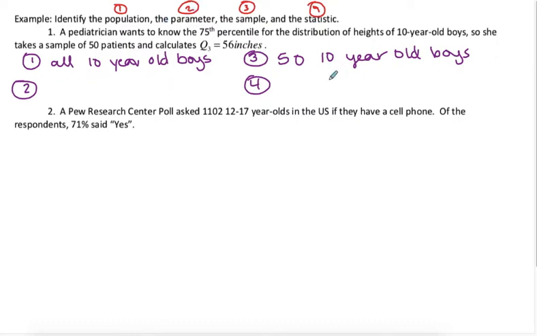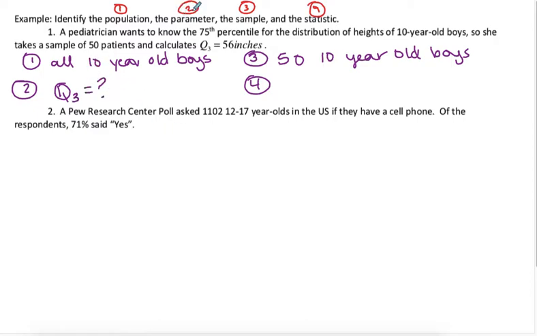All right, so parameter versus our statistic. We're interested in the heights of all 10-year-old boys, and we sampled from 50 10-year-old boys. So the pediatrician is trying to find the 75th percentile. And so when we look at the parameter, this is going to be the 75th percentile. So I could say that's quartile 3, but that's what we don't know.